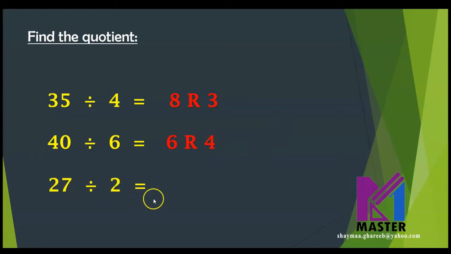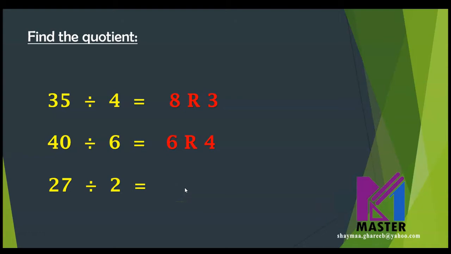27 divided by 2. How many 2's are there in the 27? Or half the 27? Half the 27 is 13.5, or 13 and a half. So how many 2's are there in the 27? There are 13 2's, and the remainder is, what do you think?